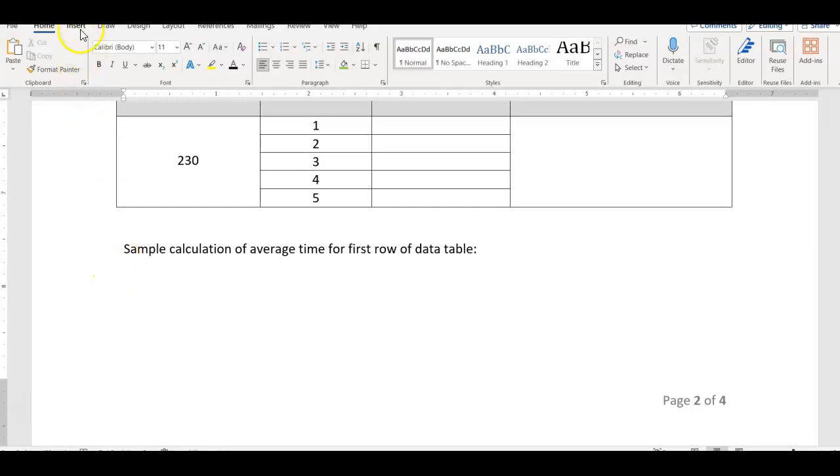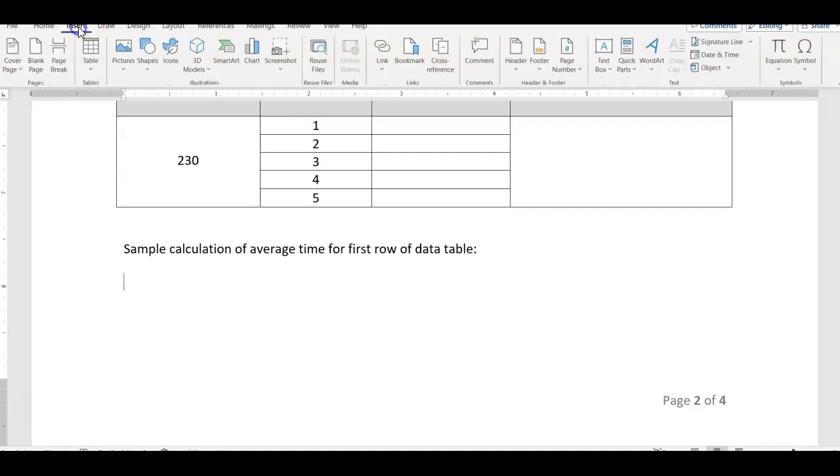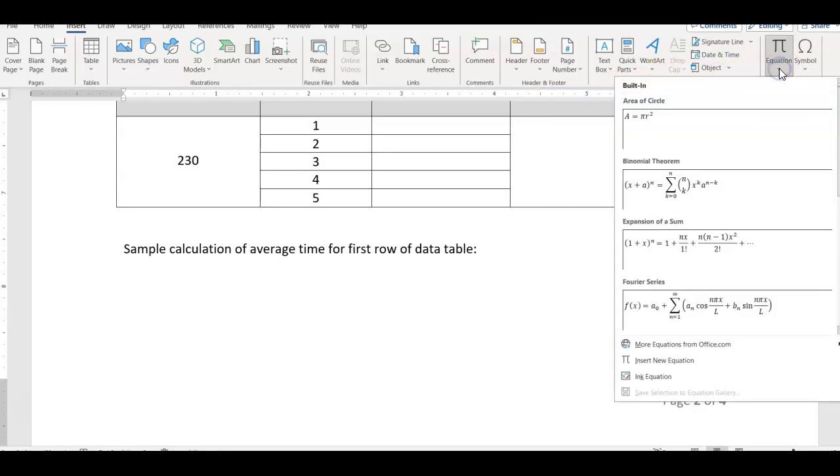To do this, I'm going to insert. So I'm going up to the Insert tab at the top of the page, and over on the right, we can insert equations. I'm clicking that drop-down list, and it does give some sample equations, but they're not really the kind of equations you need right now.